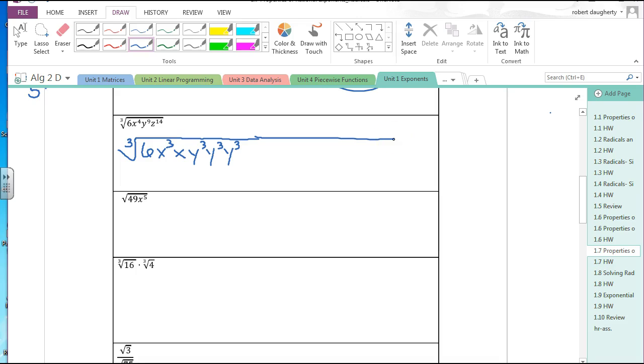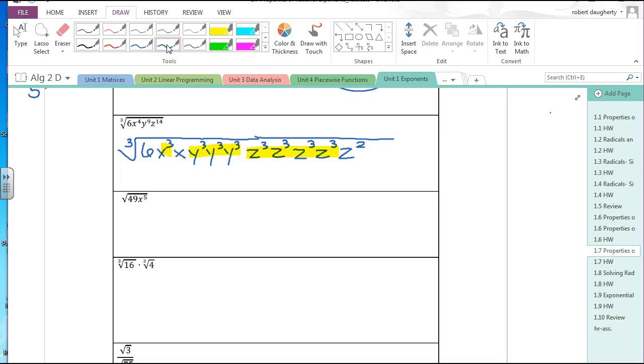How will I write z to the 14th? Okay, so that's just z cubed, that's 9 of them, that's 12, and how many more do I need? 2 more, okay. What are all the perfect cubes under here? There's the x cubed, all of these y's, and all of these z's.